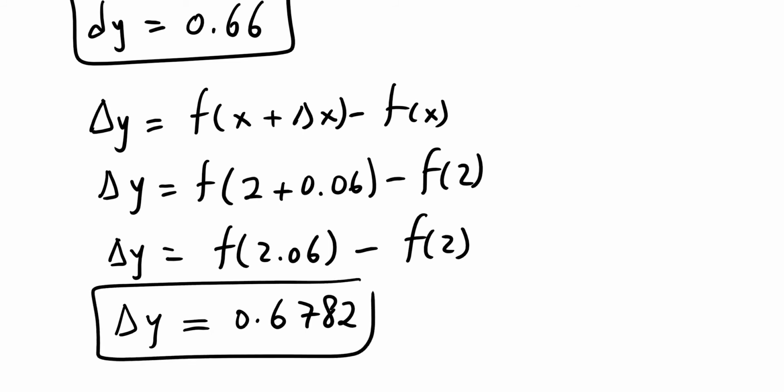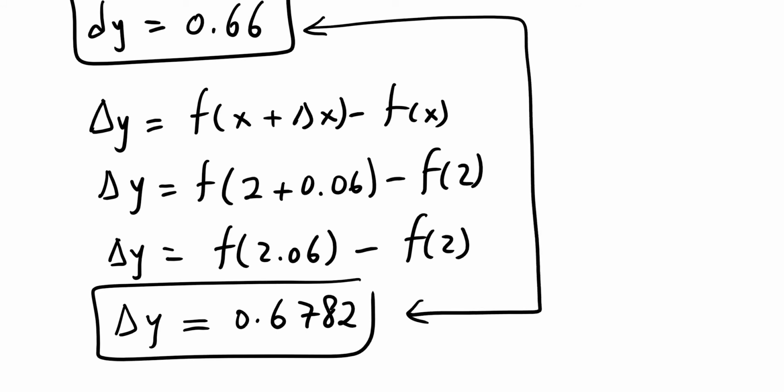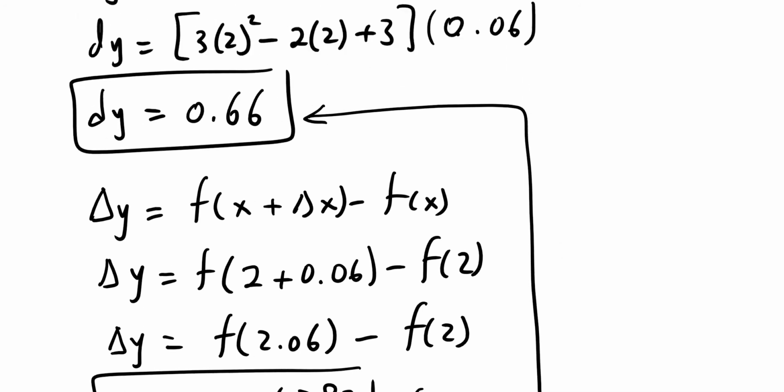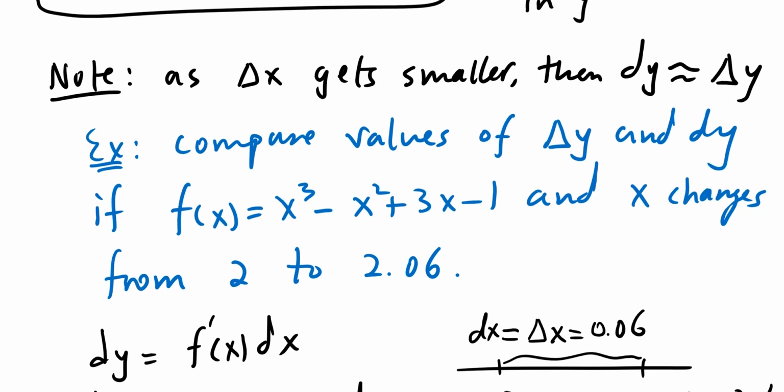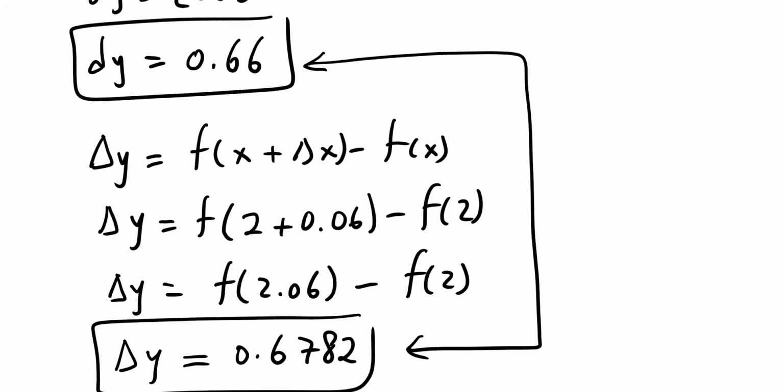Notice how close these two values are. As we decrease the value of delta x, if this was from 2 to 2.0006, for example, then these two boxed values would get even closer to each other, more than what you see now on the screen.